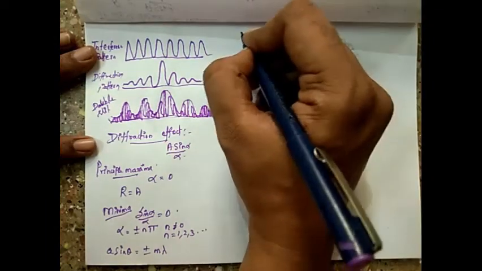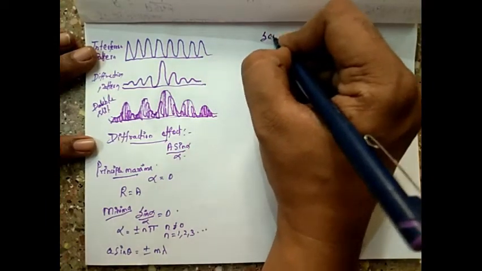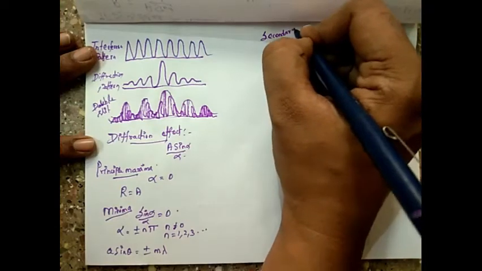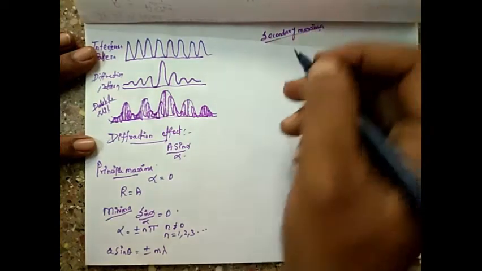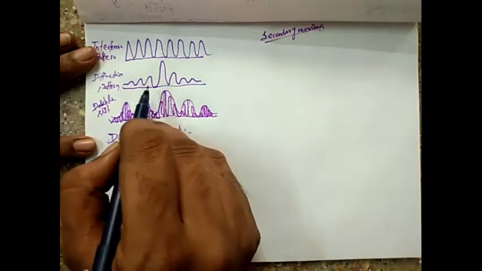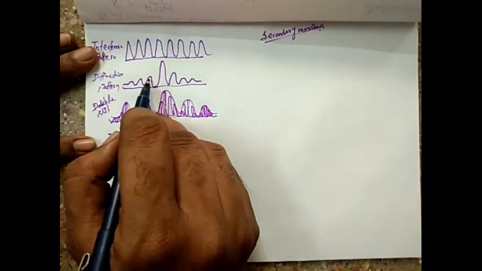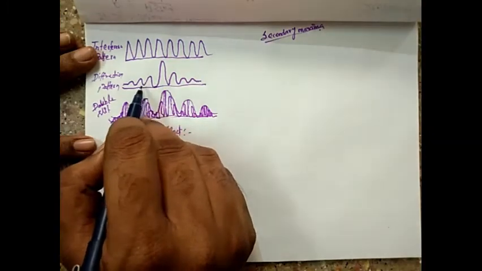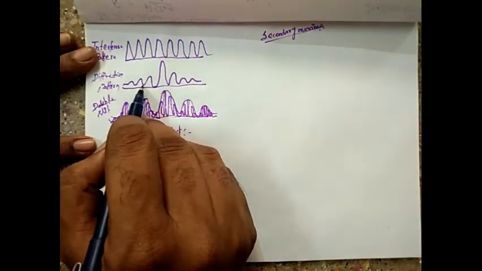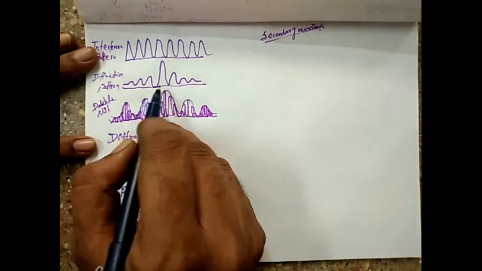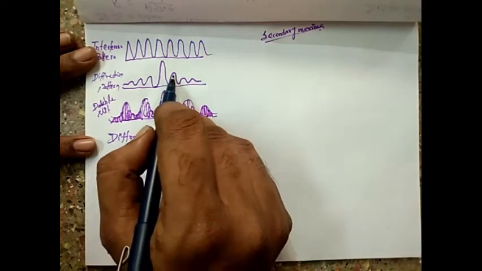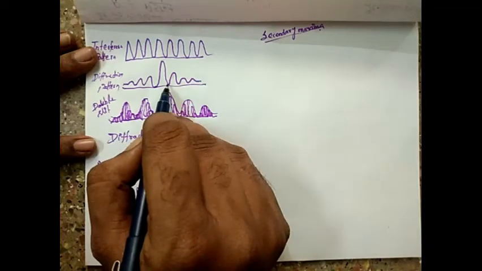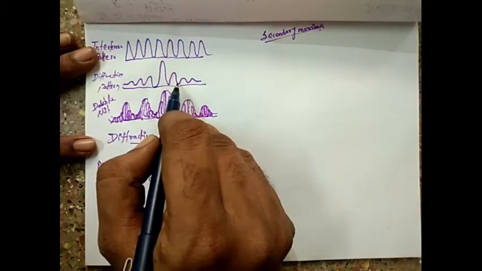And next one is secondary maxima. So this is the first order secondary maxima. This first order secondary maxima lies in between the second order minima and the first order minima. On the positive side, this is the first order secondary maxima. It lies in between the first order minima and the second order minima.